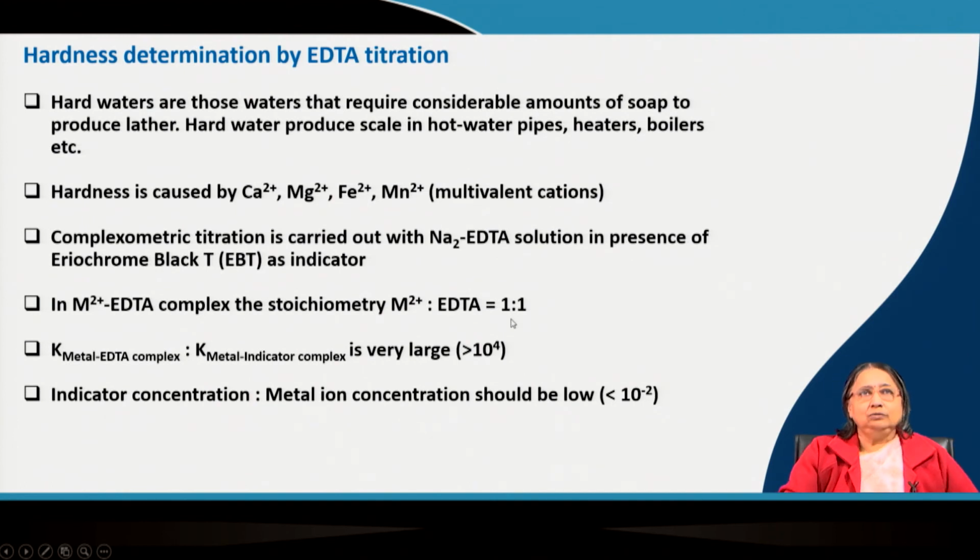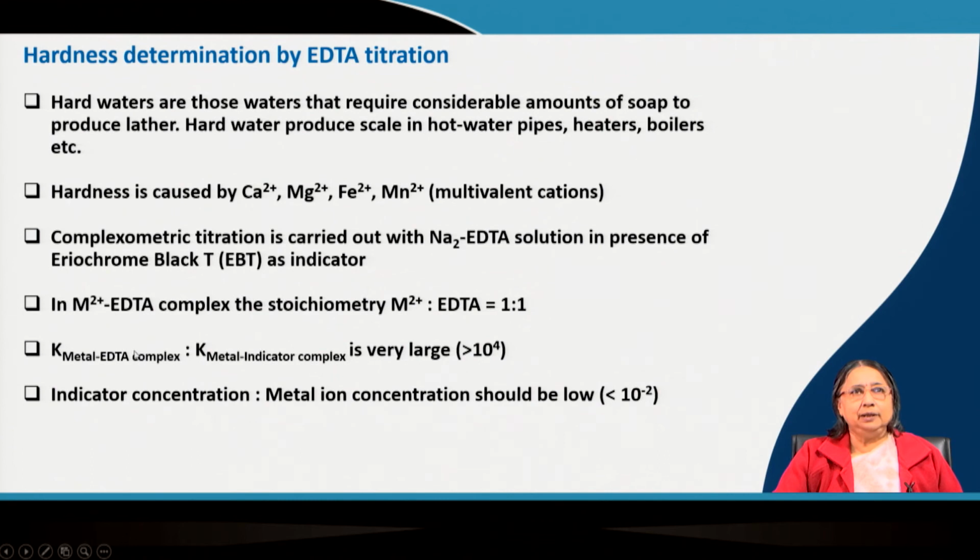This is needed for calculation. Anyway, my question is why it is breaking that metal ion indicator complex? Because the metal EDTA complex is much more stable. So, whichever is more stable, that will be formed.